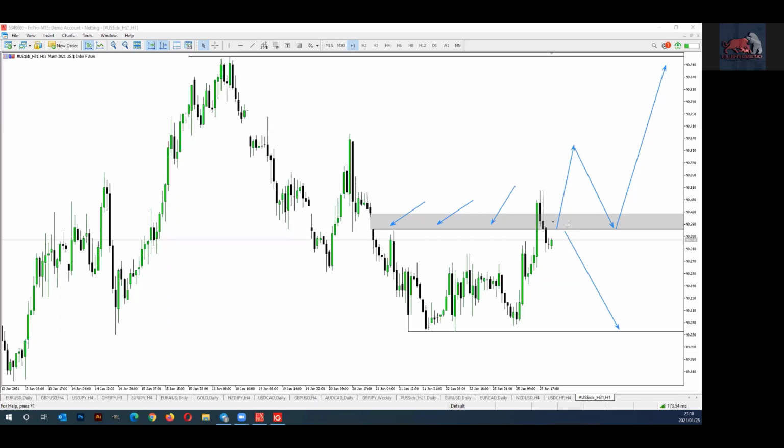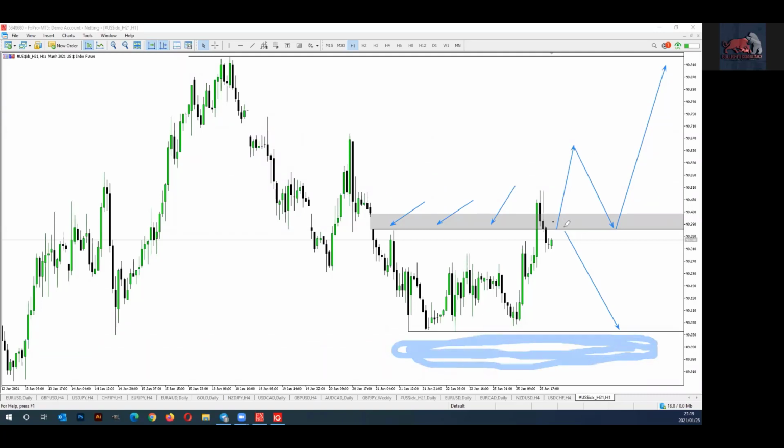But since we are bullish dollar, if price keeps staying below 90.380, expect the dollar to trade lower Tuesday and Wednesday, and it's going to create a new low. Take note.